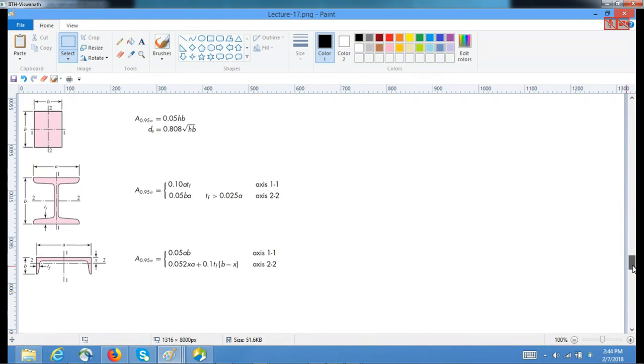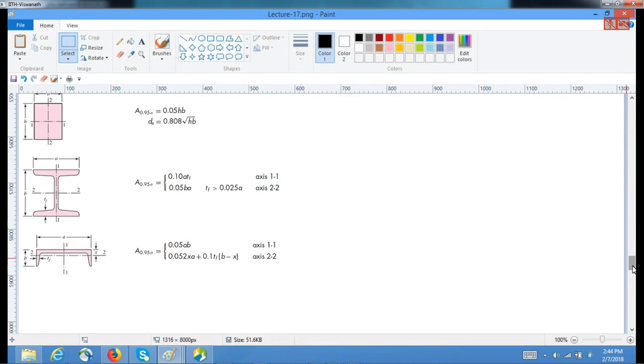Okay, so for axial loading, we just take K size equals 1. So this is with respect to K size.